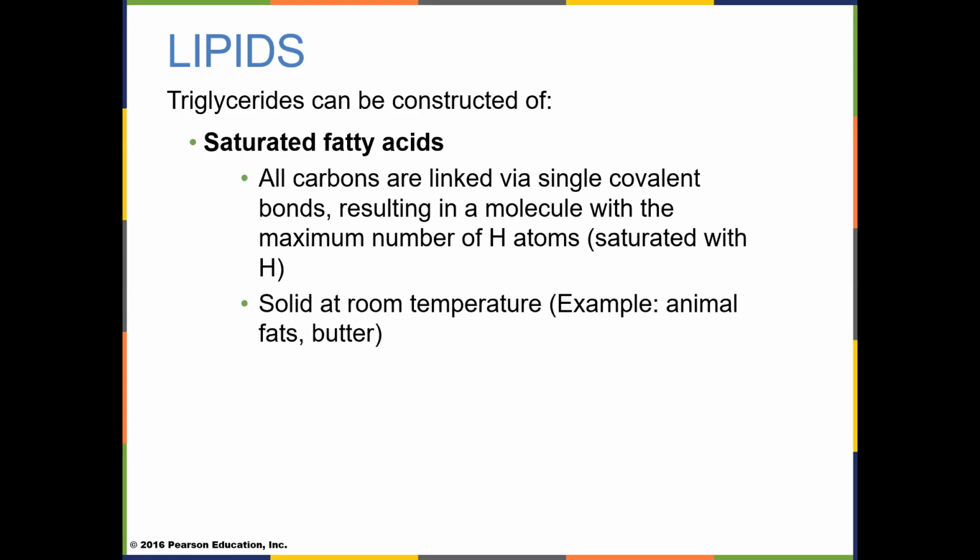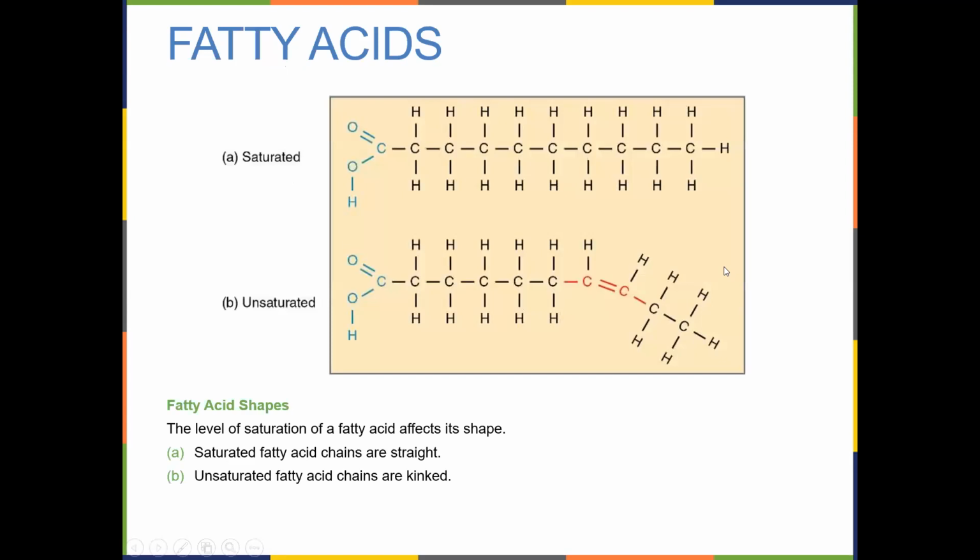They're all solid at room temperature thanks to the saturated fatty acids. I mean that all the carbon atoms are linked together with the maximum number of spaces available for hydrogen atoms to be linked to the carbons. It looks like this. Up here at the top is a saturated fatty acid. Carbon, carbon, carbon, carbon, and so on.